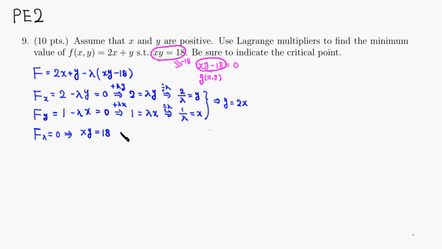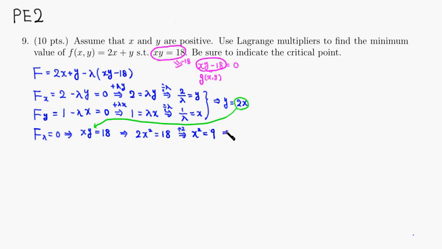Plug this into the constraint, so you get x times 2x, which is 2x squared, equals 18. Divide through by 2, and you get x squared equals 9.